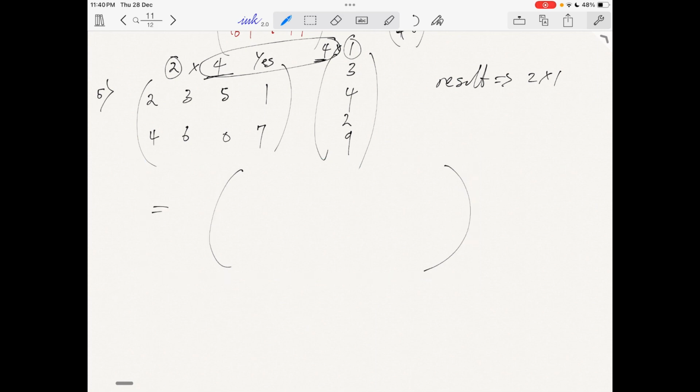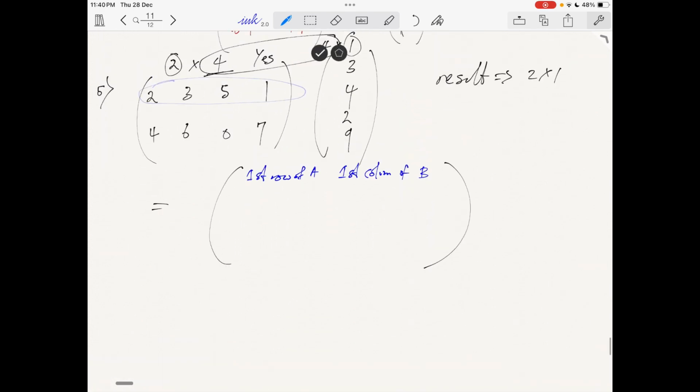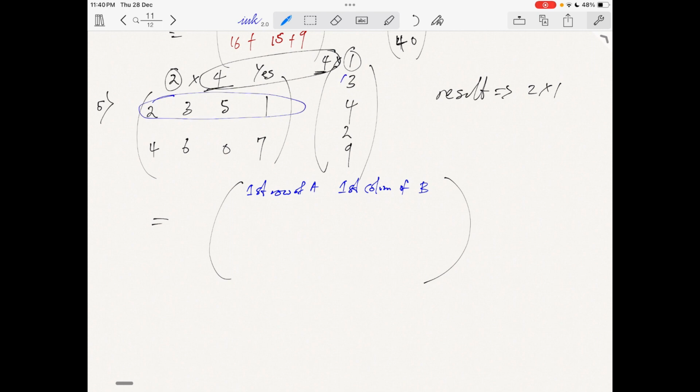Our first row of A is multiplied against the first column of B. So we have 2 multiplied by 3, plus 3 multiplied by 4, plus 5 multiplied by 2, plus 1 multiplied by 9.